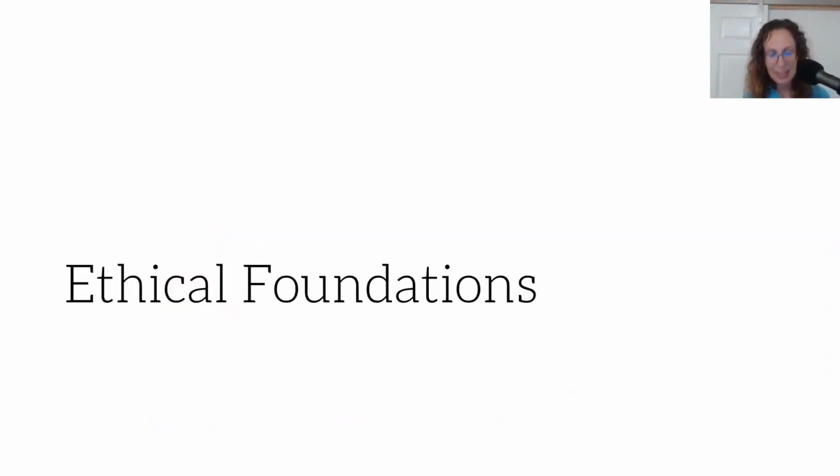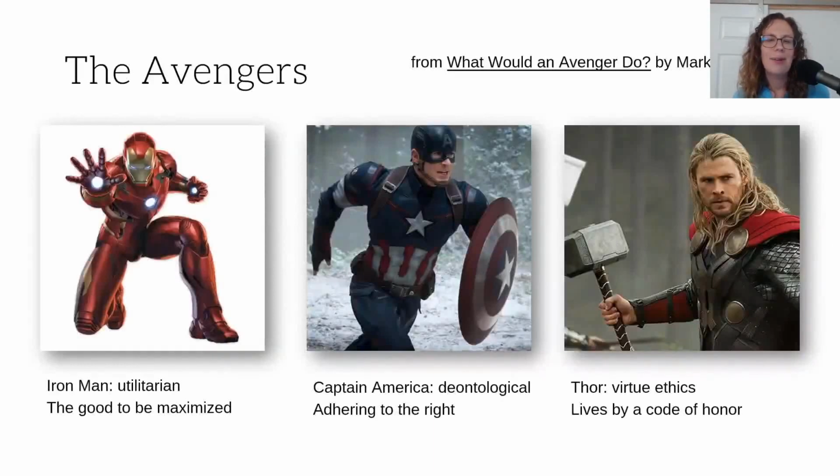Okay, so next step, ethical foundations. So the fast.ai approach, we always like to ground everything in real world case studies before we get to the theory underpinning it. And I'm not going to go too deep on this at all. So there's a fun article, What Would an Avenger Do? And hat tip to Casey Fiesler for suggesting this.